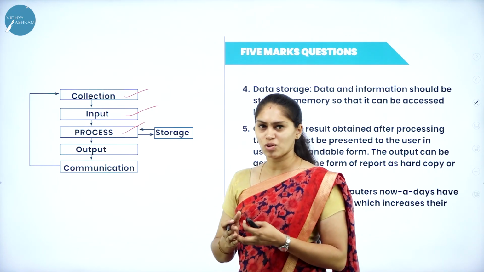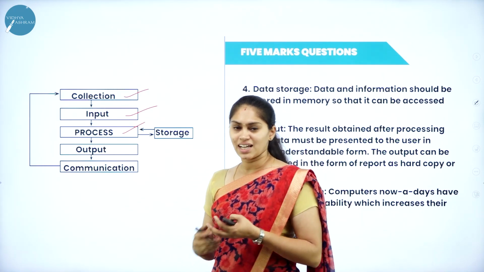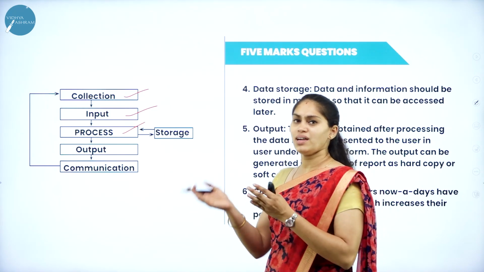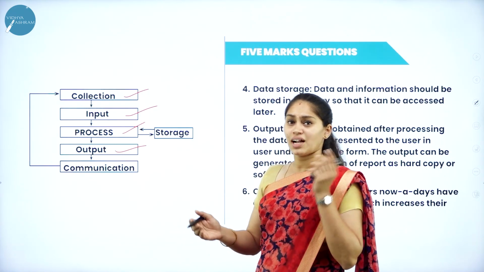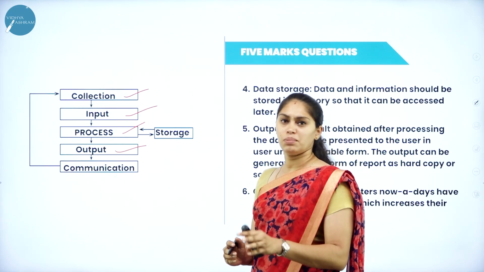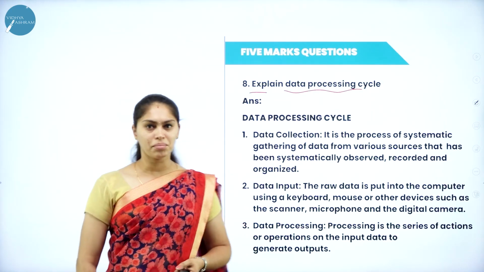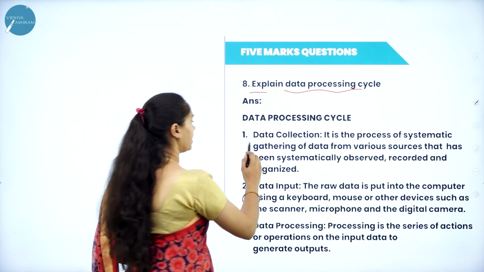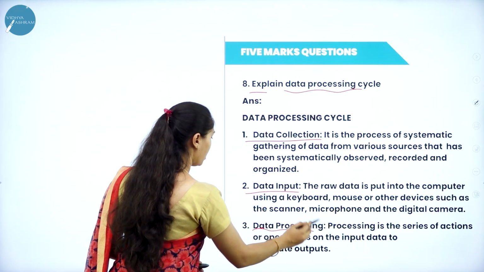When I'm doing the process, the data has to be moved from storage to process, and once I'm done with the process, it needs to be output. When I'm done with this output, it has to reach the user at a particular time. We are going to use that for communication purposes. So we have a data collection method, and we require data input and also data processing.